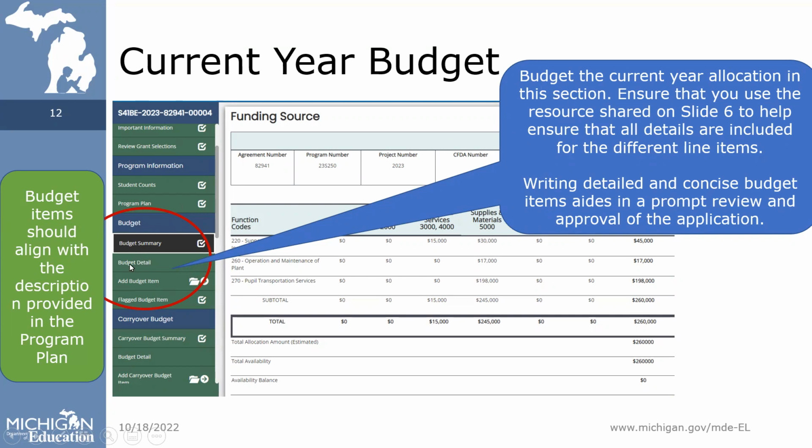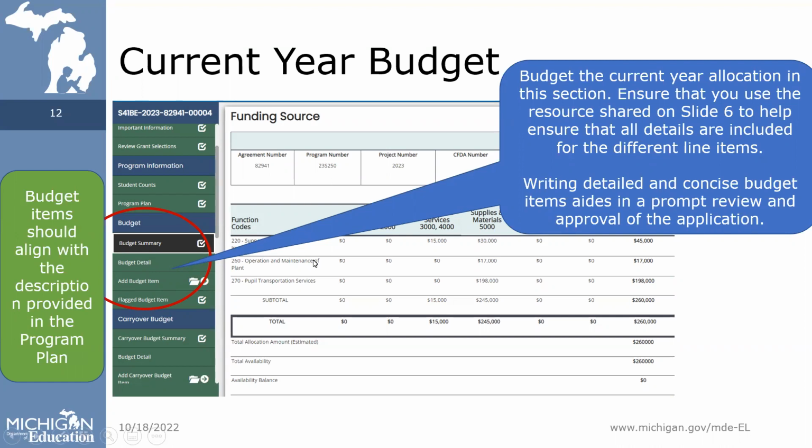In this top section, we're going to budget the current year allocation. Please ensure that you use the resource shared on slide 6 with the QR code to help ensure that all details are included for the different line items. Writing detailed and concise budget items aids in a prompt review and approval of the application.